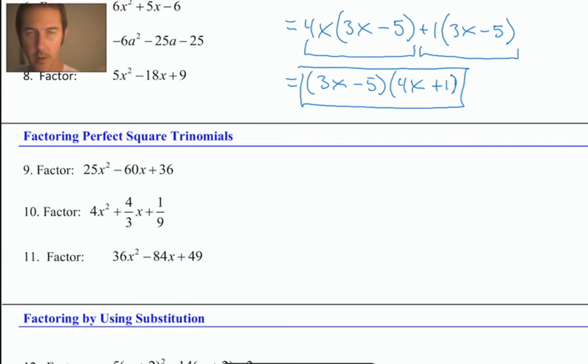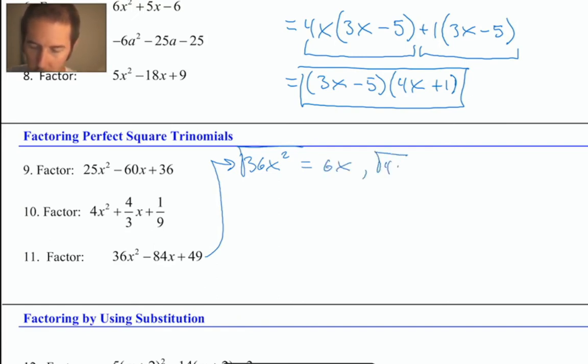All right, so let's confirm that number 11 is a perfect square trinomial. Square root of 36x squared is 6x.